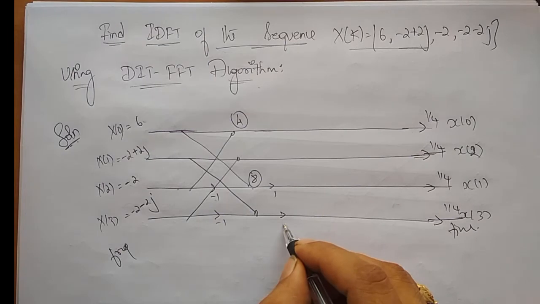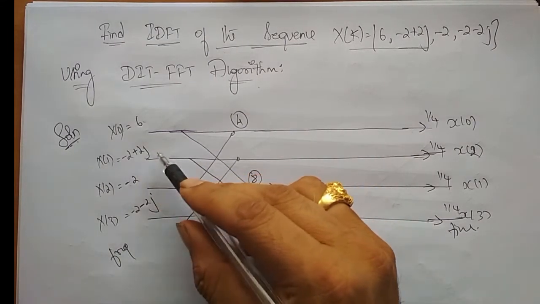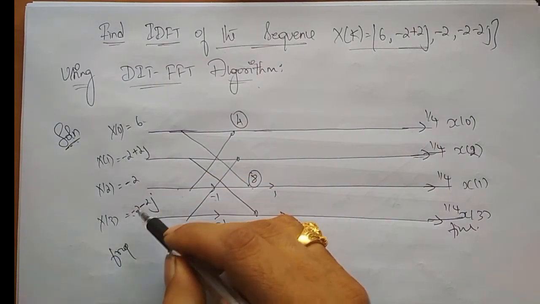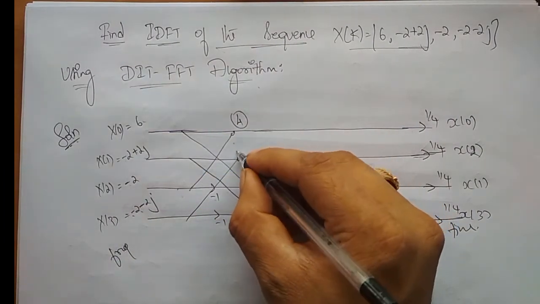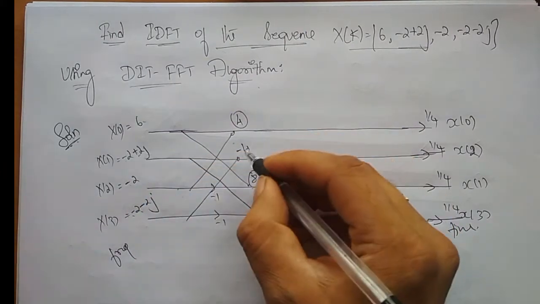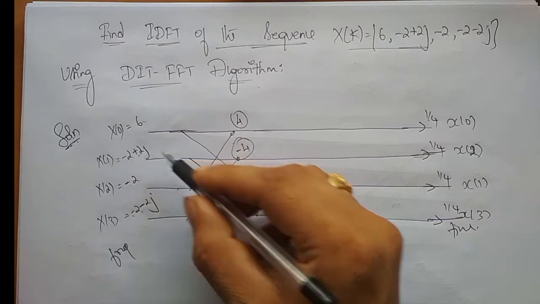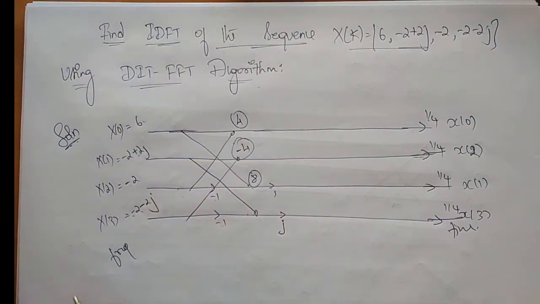Minus 1. Here the total factor is j plus j. So I have -2 + 2j added with -2 - 2j. I have -2 and -2, which is -4, and +2j -2j cancels out. Now I have -2 + 2j subtracted with -2 - 2j.